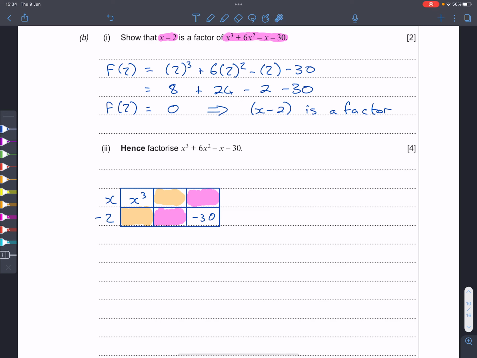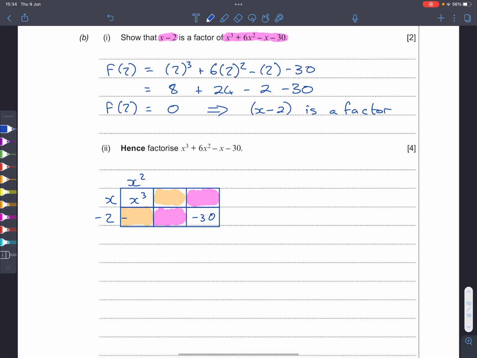Okay, now I know that x multiplied by this value is going to be x cubed. So that makes that x squared. Then, following on, x squared times negative 2 will give me this value.